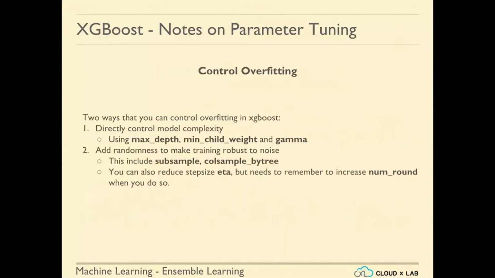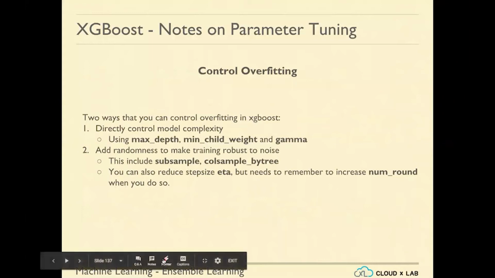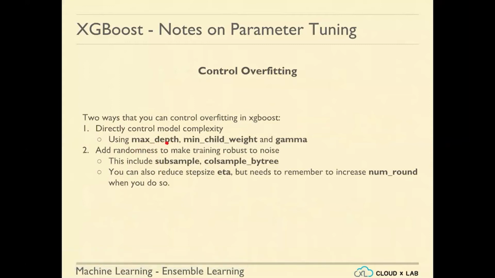So basically there are parameters like max depth, which we all know is how deep we can go, and minimum child weight. And then gamma: gamma times capital T is the coefficient with which we multiply the number of leaves in order to regularize.